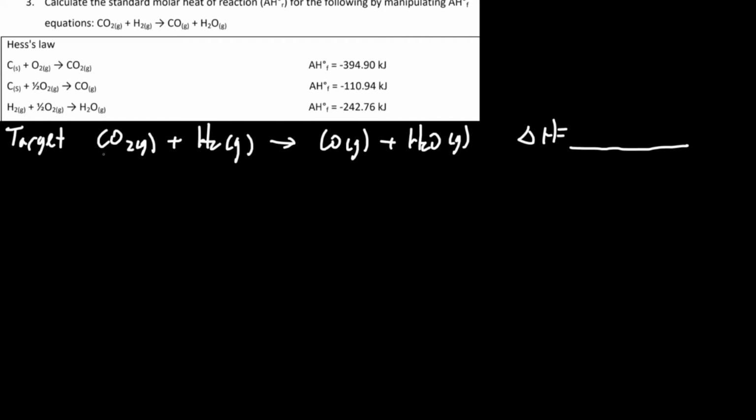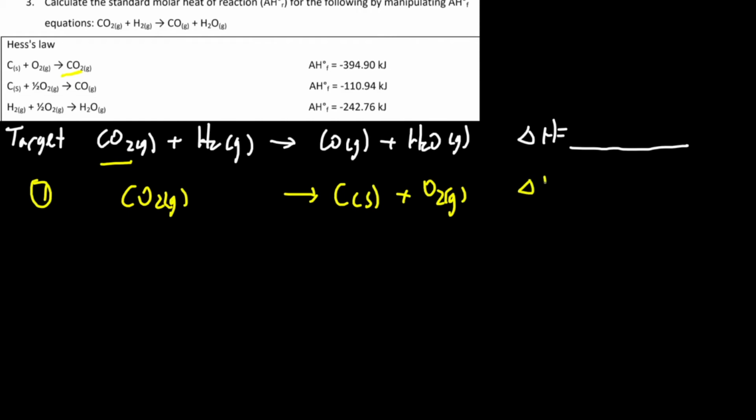So the first thing I notice is I want to solve the CO2, and in our given, CO2 is on the product side, so I'm going to flip it, and by doing so I get CO2 gas, and on the other side I'll get carbon solid plus O2 gas, and since I flipped the equation, the delta H value is going to be opposite. So instead of negative, it's going to be positive 394.90 kilojoules.